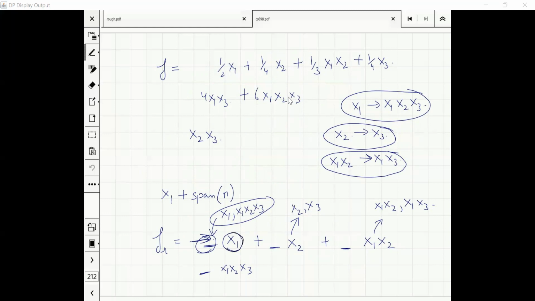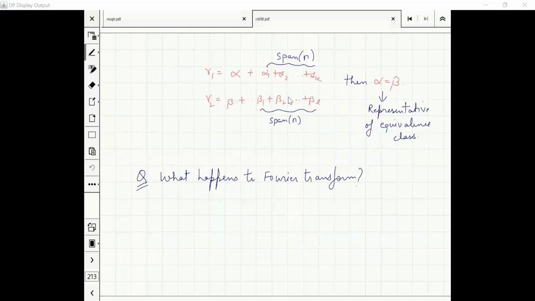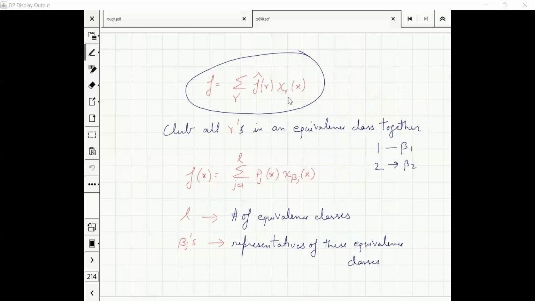So this one was my beta 1, this one was my beta 2, this one was my beta 3. Sorry, there is no x1, x2, x3. They are getting merged. So for every equivalence class, I am picking a representative that I am calling beta. And then I can merge everything else.